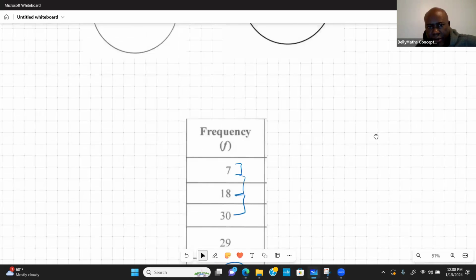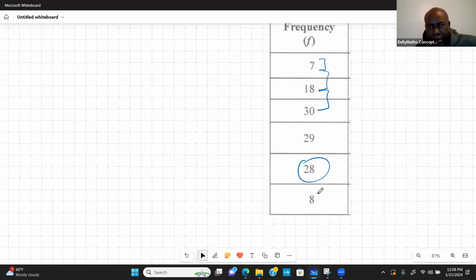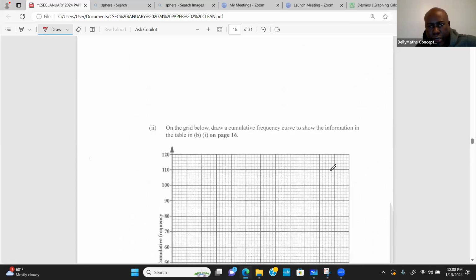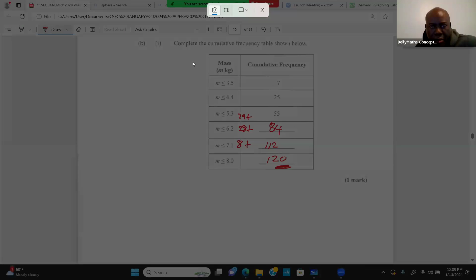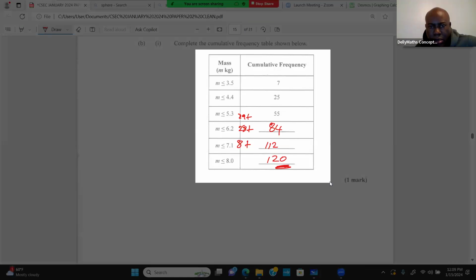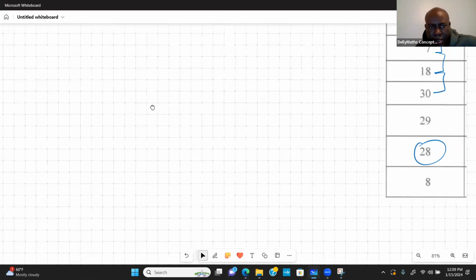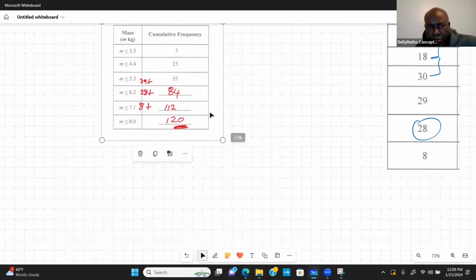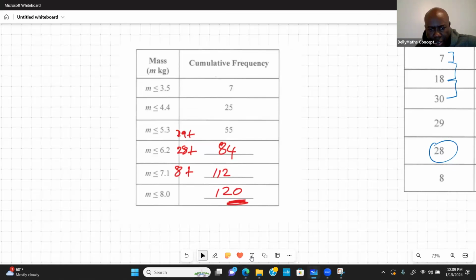So I need the table with the cumulative frequency. All right, give me 1 second. Let me just put the table where I can see it. All right, so let's go.